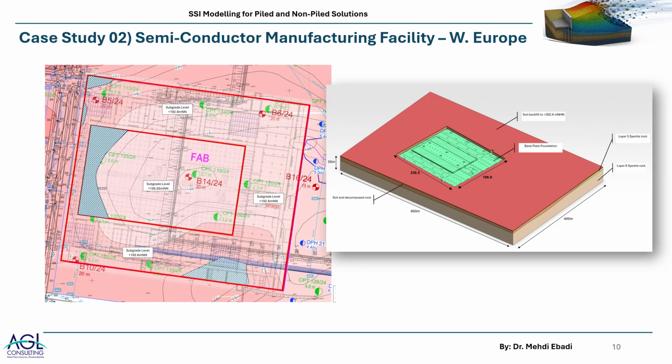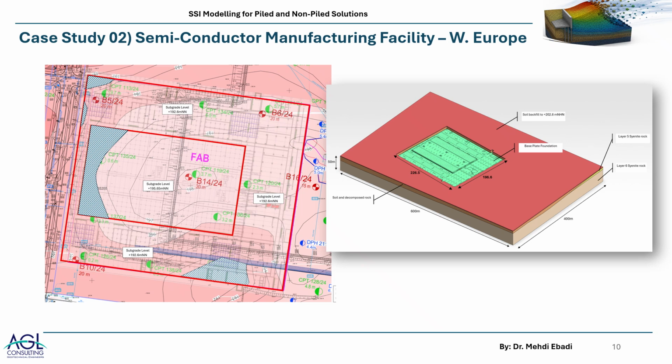The next project that I would like to discuss is a semiconductor manufacturing facility in a Western European country. This project was actually a high profile project as well, which was reportedly valued at approximately, I don't know, more than 7 billion, and included two main buildings.